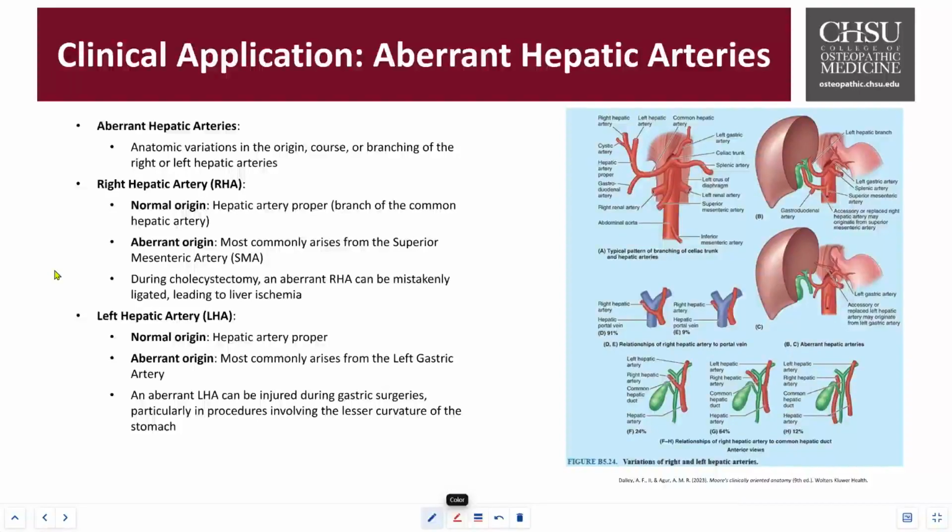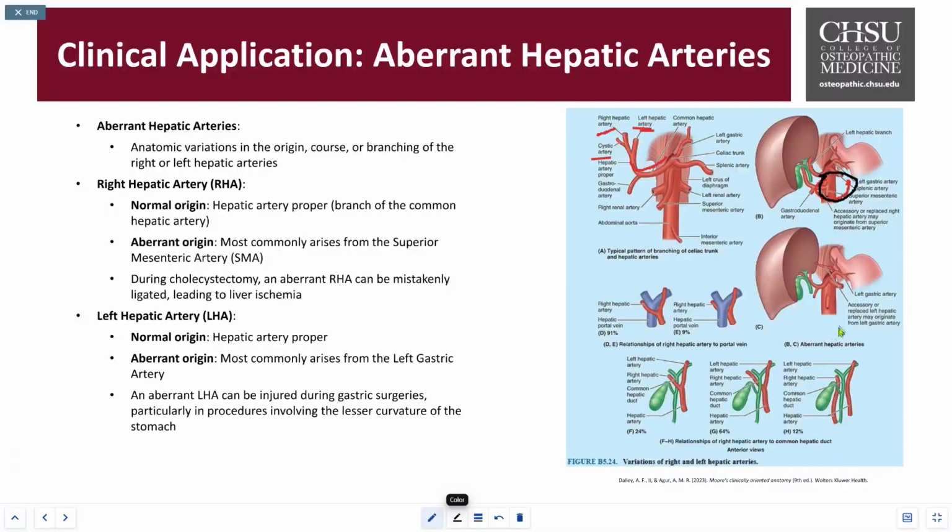So on the right, you can see two pictures. The letter A, this is the typical patterning of the branching of the celiac trunk of the hepatic arteries. So the right hepatic artery, the left hepatic artery over here, cystic artery, and it comes off the common hepatic artery. Over here, in this case, on the letter B, the right hepatic artery may originate directly from the superior mesenteric artery.